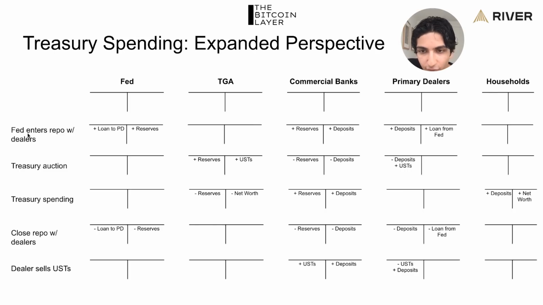So the way this works is the first thing is reserves have to enter the system. The Fed will enter through a standing repo facility or through sort of like a discount window loan, enter a repo transaction with a primary dealer. The primary dealer will receive deposits that it can buy the treasuries from. It now owes that loan to the Fed, and the Fed will credit the reserves at the corresponding commercial bank.